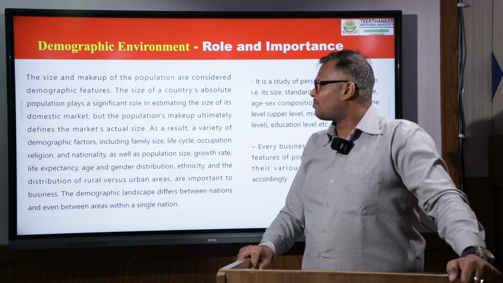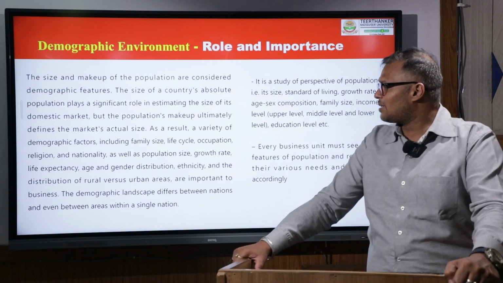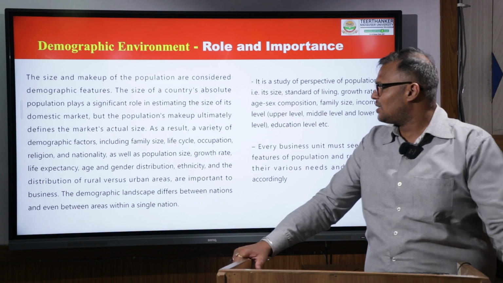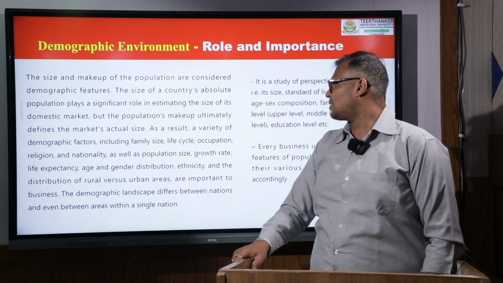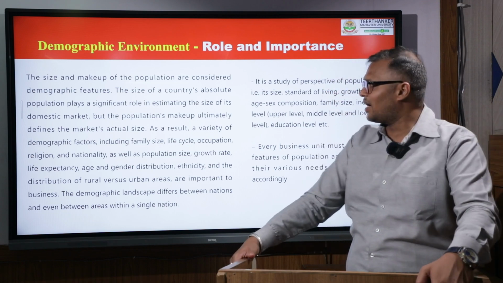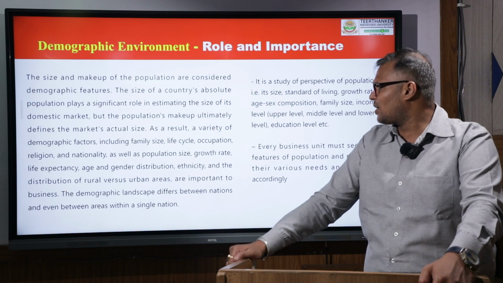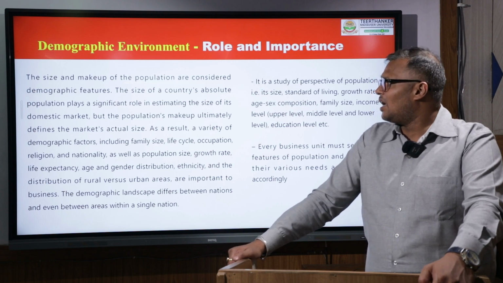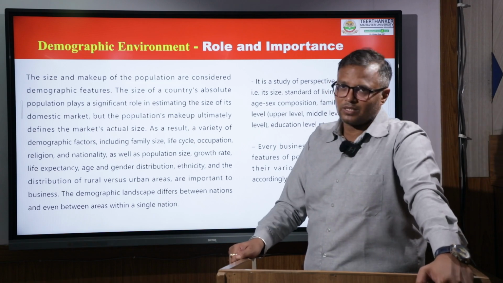When you talk about the domestic market, the population makeup ultimately defines the actual market size. As a result, the variety of demographic factors, which include family size, life cycle, occupation, religion, nationality, as well as population size, growth rate, life expectancy, age, gender, distribution of income, ethnicity, and even the distribution of rural versus urban areas, are important for businesses.